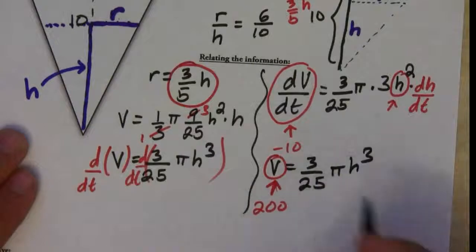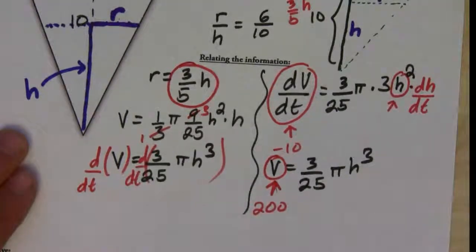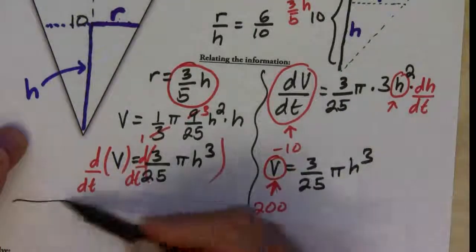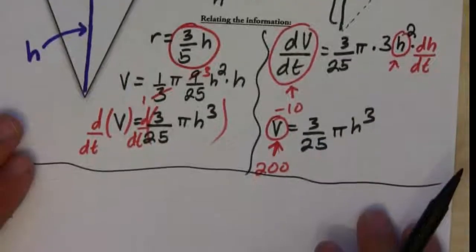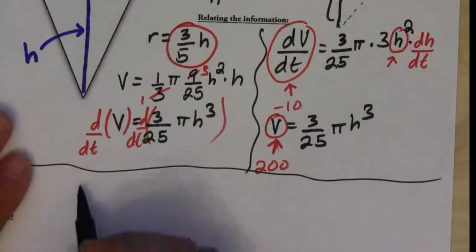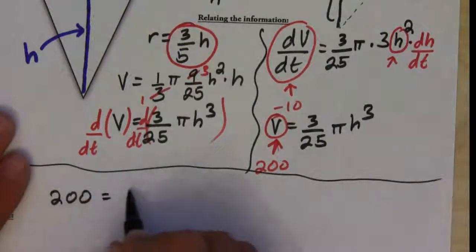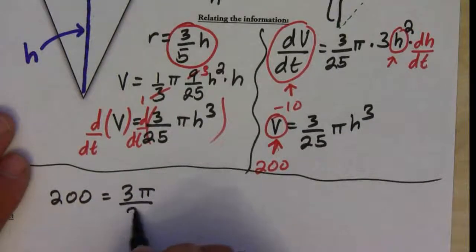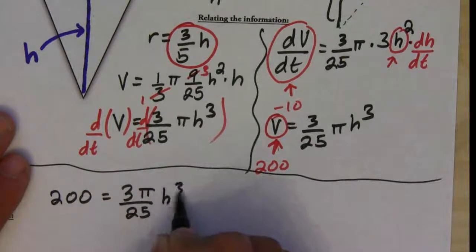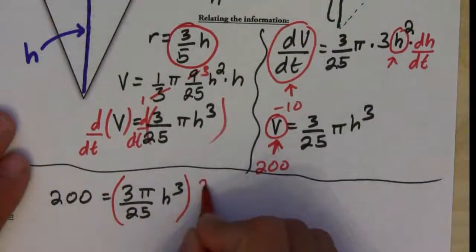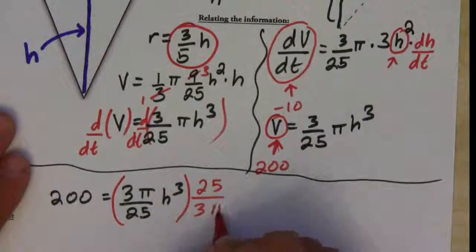Okay, so let's do that. So let me write this down over here. We have 200 equals 3 pi over 25 h cubed. And so I'm going to multiply both sides by the reciprocal, 25 over 3 pi.